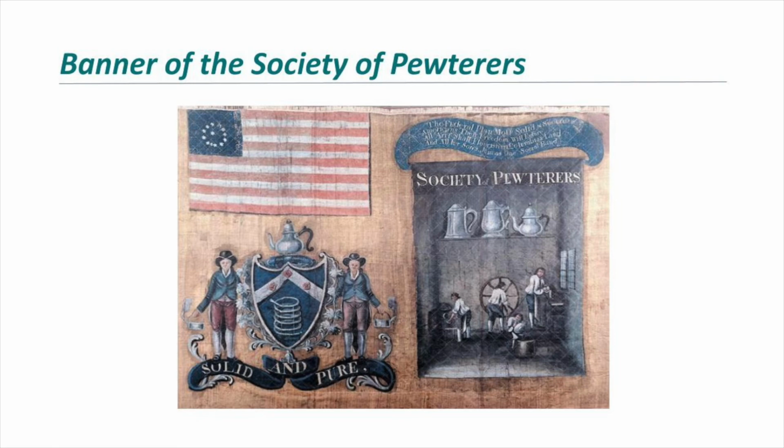The words "solid" and "pure" and the inscription at the upper right link the quality of their pewter to their opinion of the frame of the new government and the hopes of their future. The inscription reads, "The federal plan most solid and secure, Americans their freedom will endure, all arts shall flourish in Columbia's land, and all her sons join as one social band."